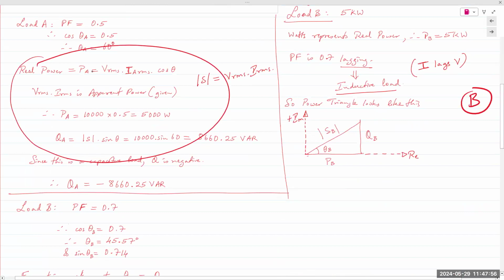P is VRMS IRMS times cosine theta, and Q is VRMS IRMS sine theta. P actually is very straightforward because magnitude of S is V times I. Magnitude of S is given to us and power factor cosine of theta is given to us. All you have to do is multiply it. That gives us PA.